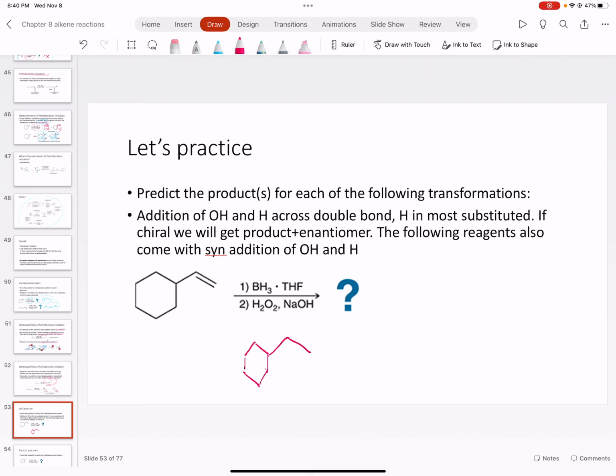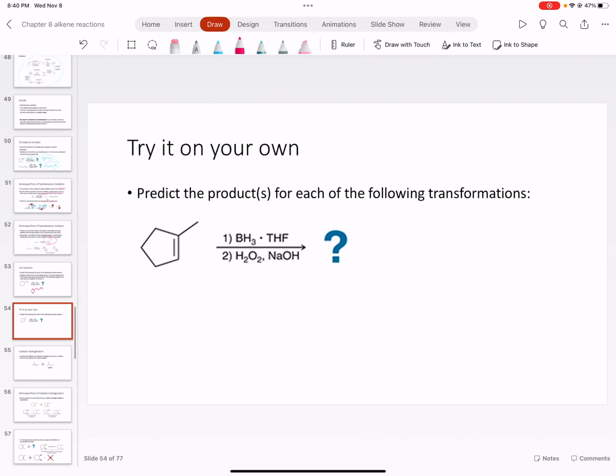OH on the least substituted, and then H on the more substituted. But that is, of course, if we have chiral centers and none. So you can try it on your own.